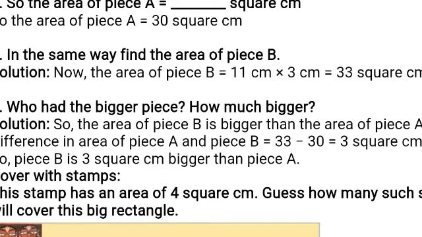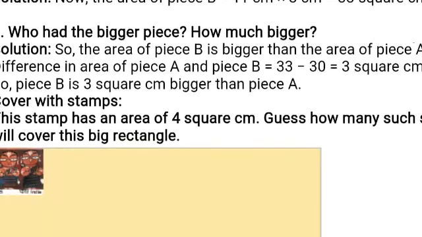Piece A is 30 square centimeter and piece B is 33 square centimeter. So piece B is bigger. Difference in area is 33 minus 30 equals 3 square centimeter. So piece B is 3 square centimeter bigger than piece A.